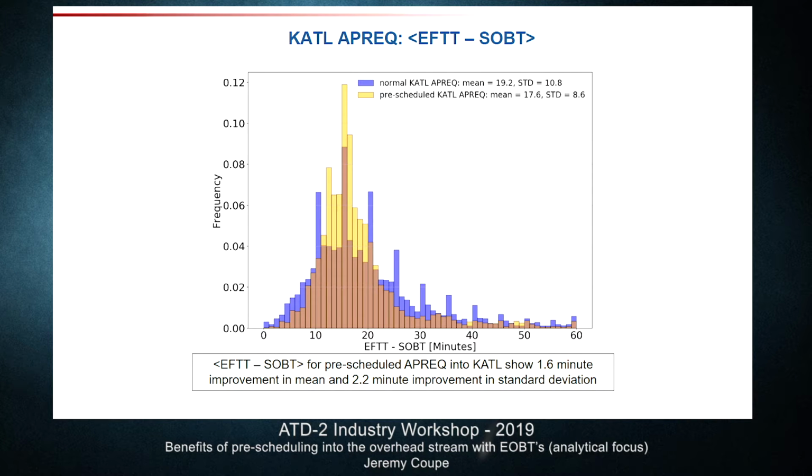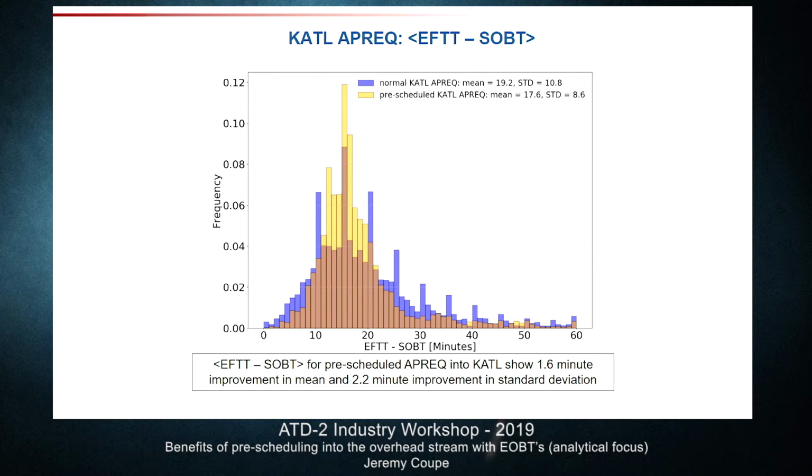And how can we look at this again in the histogram view? Again, the orange is after pre-scheduling. This is essentially that earliest feasible takeoff time benchmarked against the scheduled off-block time. The orange is those pre-scheduled flights where the surface automation is requesting the time, and the blue is before pre-scheduling, where essentially the human TMC is requesting the time.